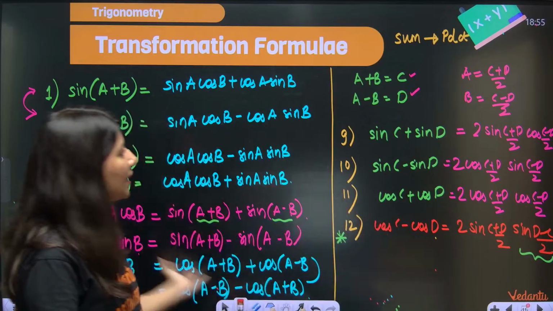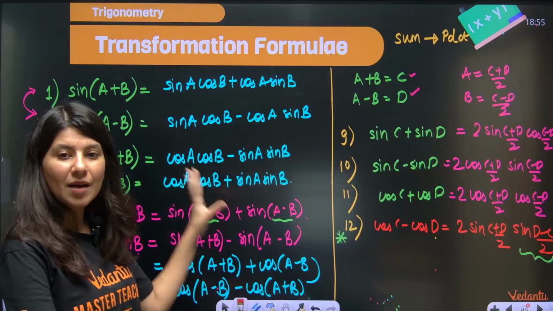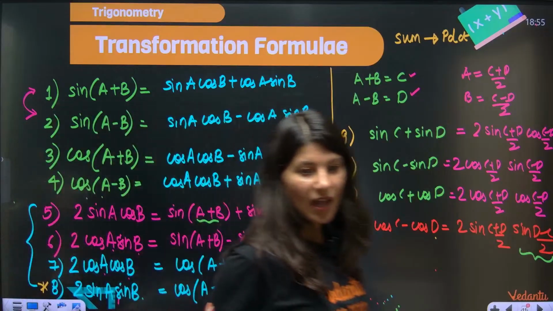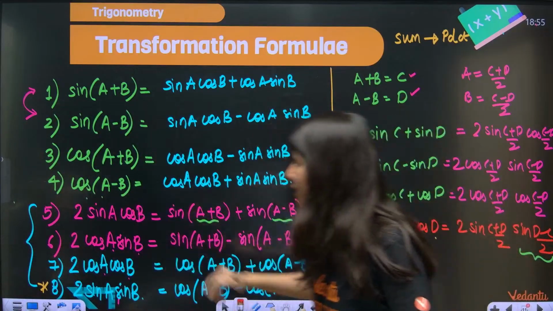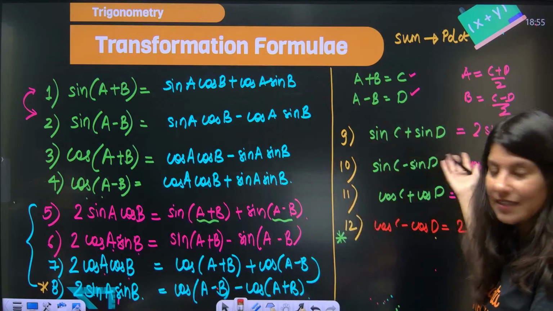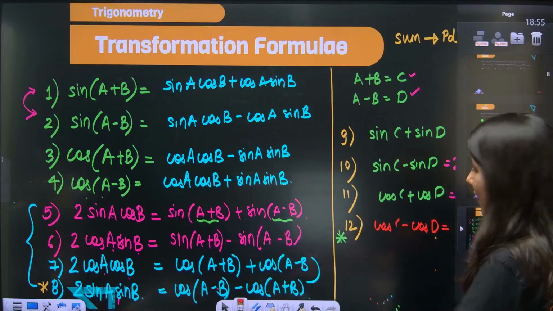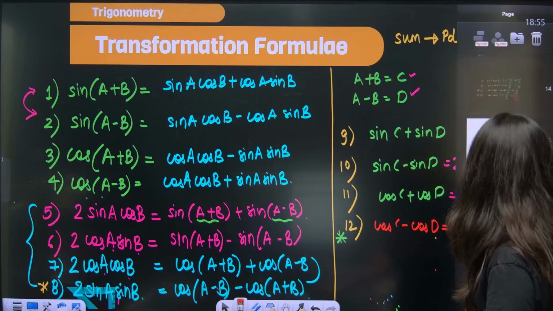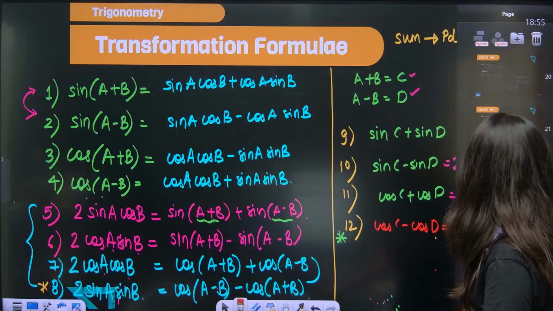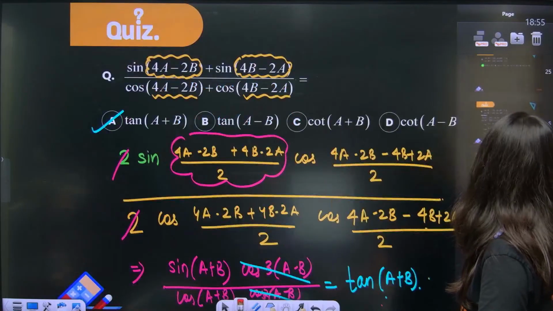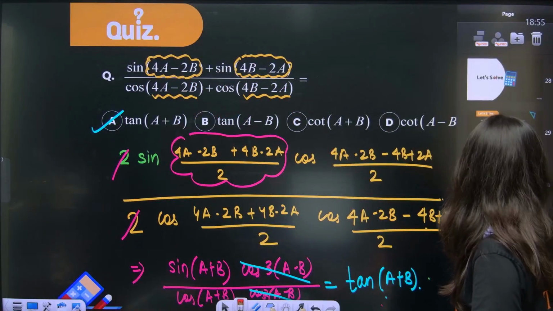I have already done this work. From where which formula is coming, I have already told you. I have already given the proof of 5, 6, 7, 8, adding, subtracting, and 9, 10, 11, 12. These 4 formulas we have done questions on. Now 5, 6, 7, 8 we are doing right away. So don't ask me such questions.